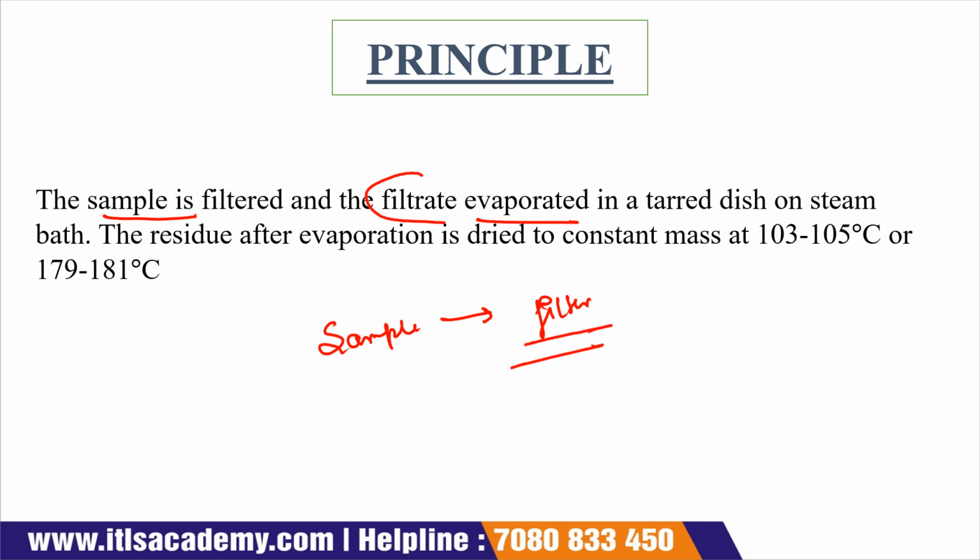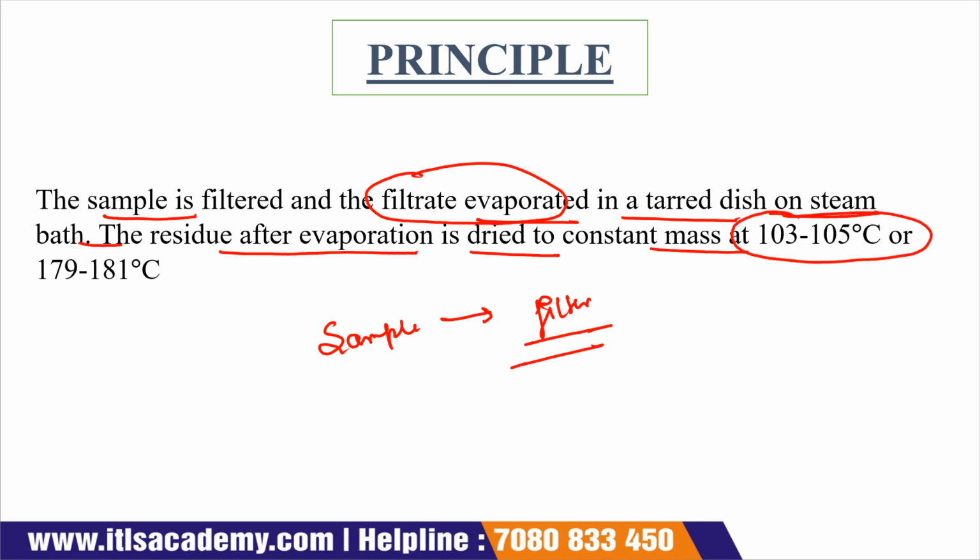We evaporate the filtrate in a tared dish on a steam bath, and the residue after evaporation is dried to a constant mass at a temperature of 103 to 105 degrees Celsius or 179 to 181 degrees Celsius. And then the remaining is what? It is the total dissolved solids.